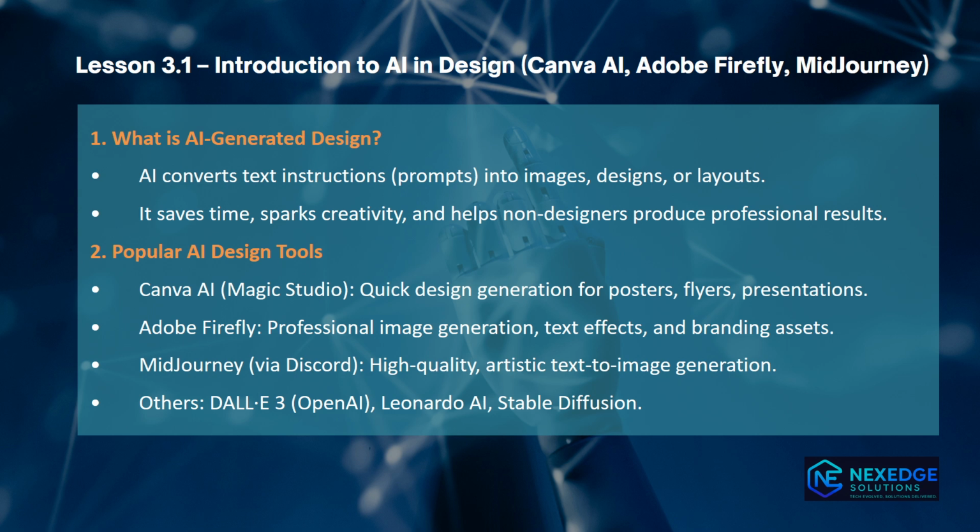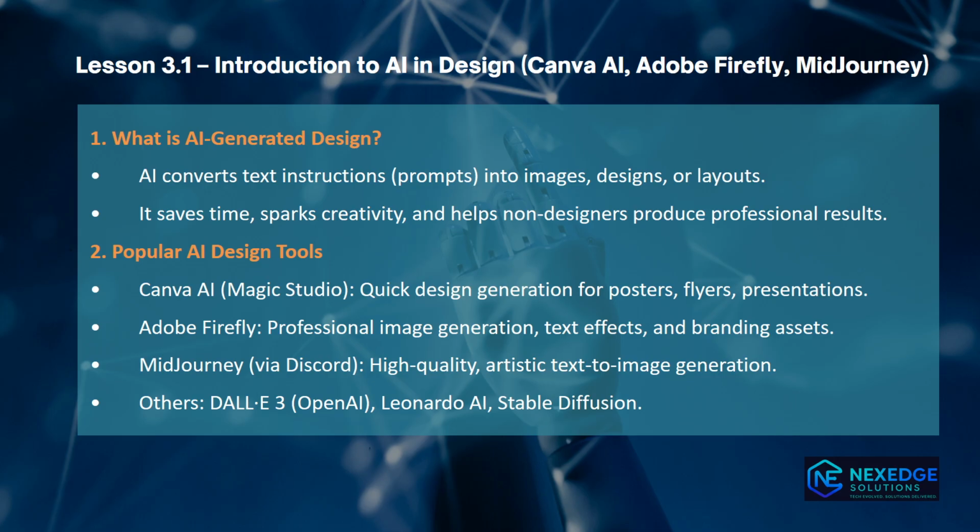And here are the popular AI design tools that we have. Apart from these, we have thousands of AI tools, but let me just give you a few. One is Canva AI. In Canva AI, we have Magic Studio.